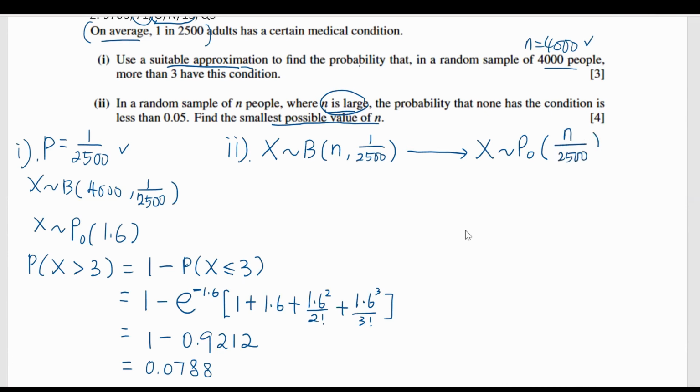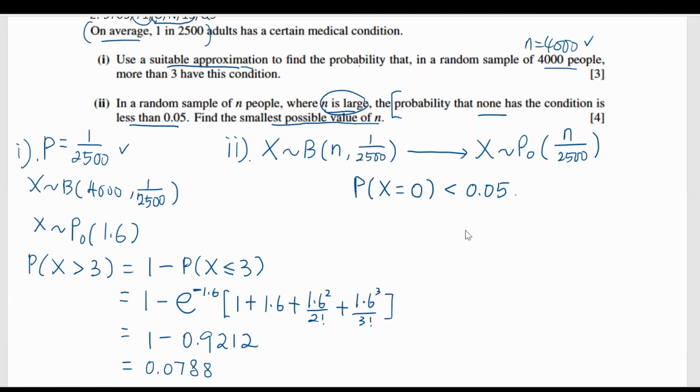Then the information given: the probability that none has the condition means we are finding the probability that x equals 0 is less than 0.05. So that is the equation that we need, and then we use it to find the smallest possible value of n.